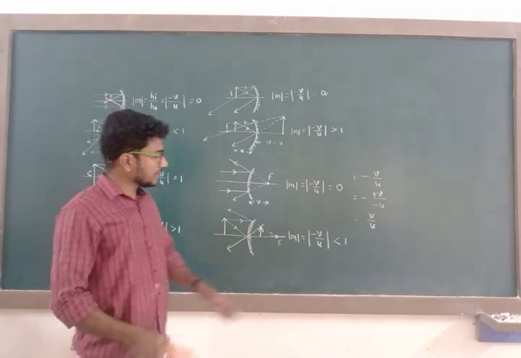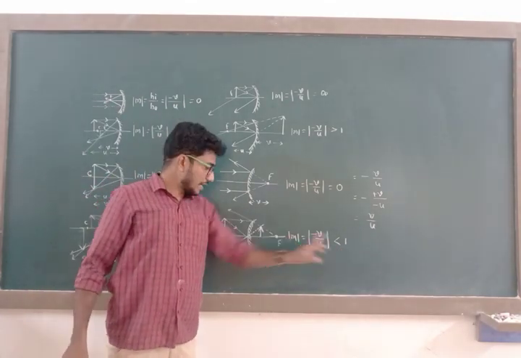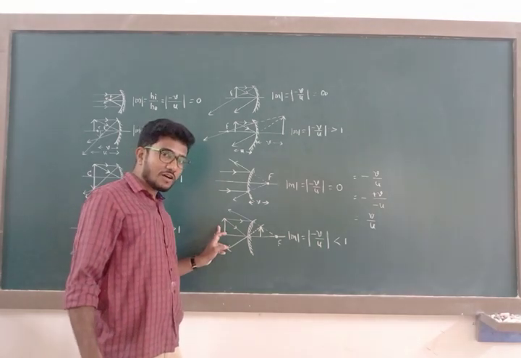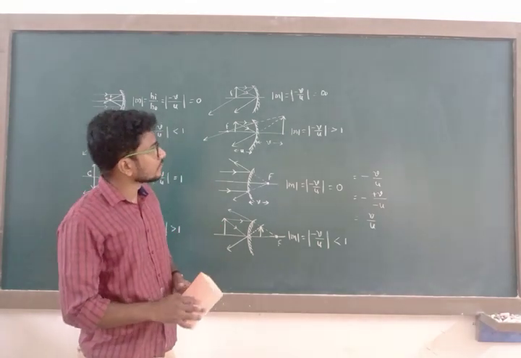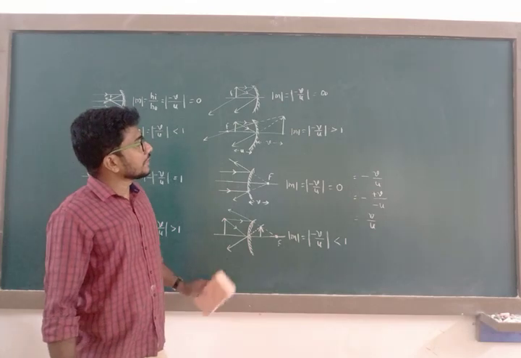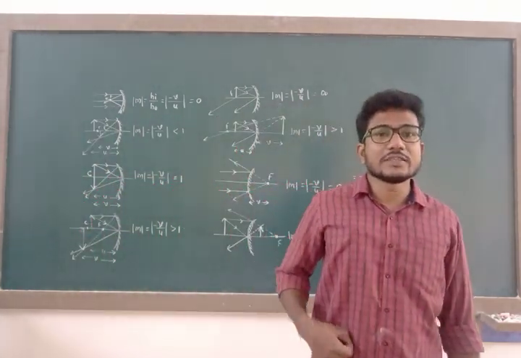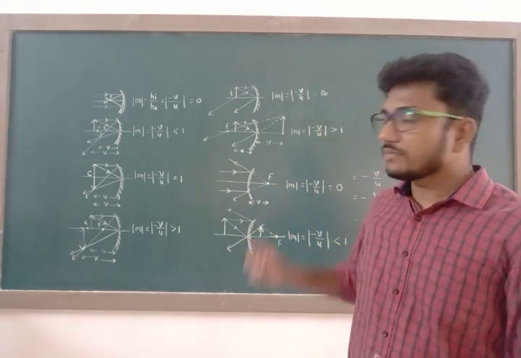So less than 1 means height of the image is less than height of the object. So depending upon the value of linear magnification, we can analyze size of the image.